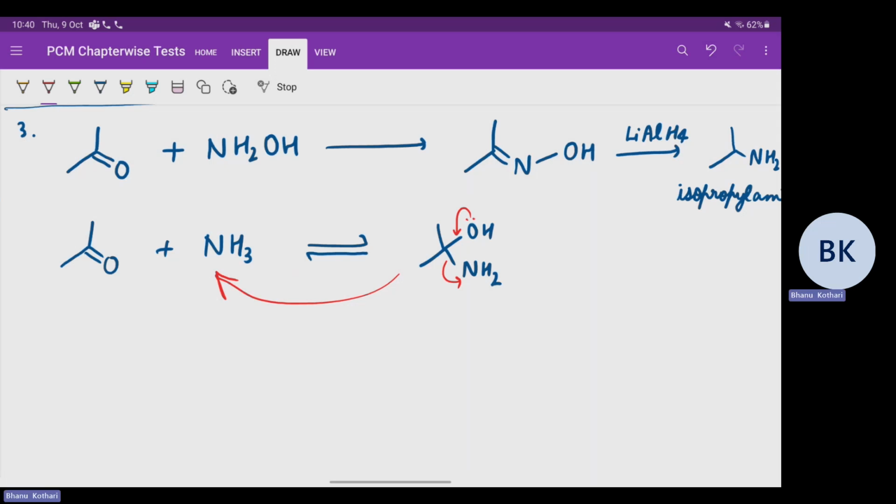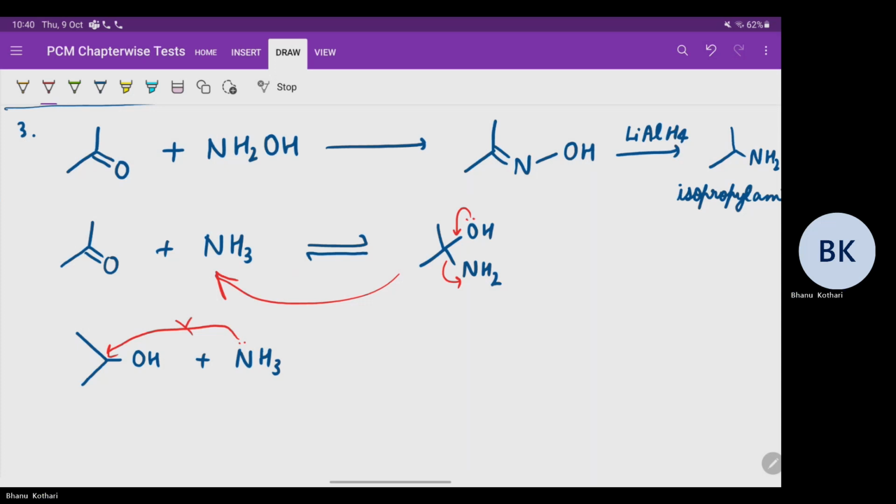In the third part, we have been given CH3CHOHCH3, and you react it with ammonia. Again, this alcohol is not a strong acid, and this ammonia is not a good enough nucleophile to attack this carbon. This attack will not happen.